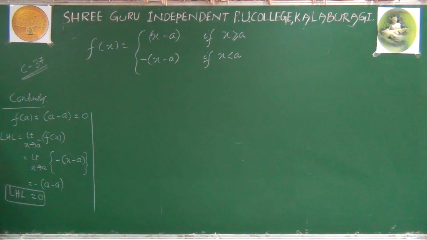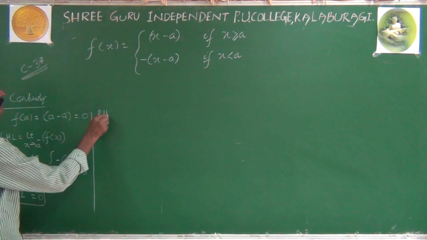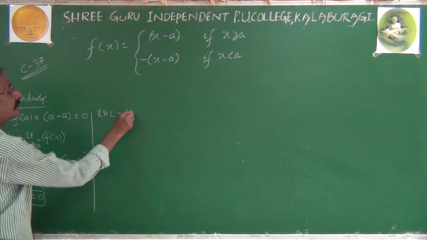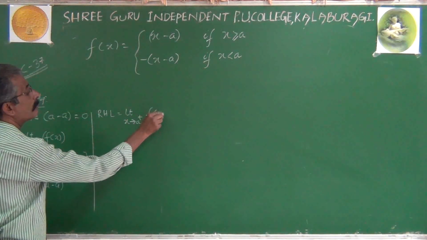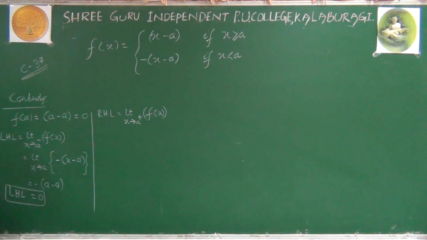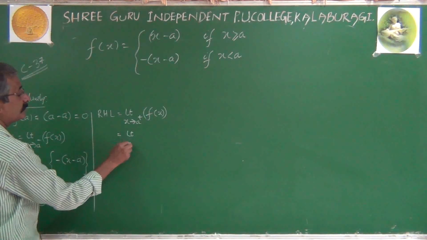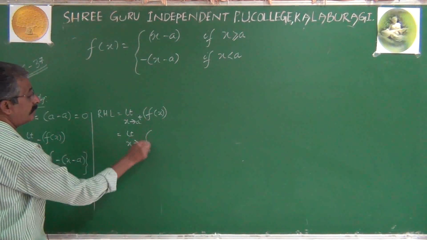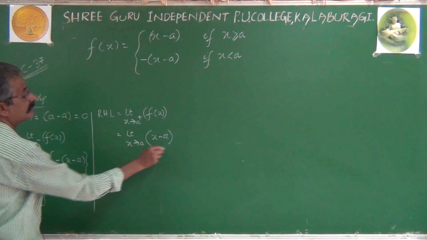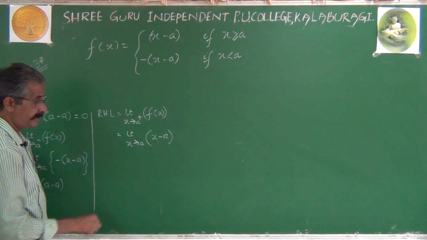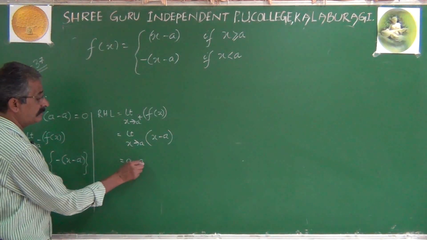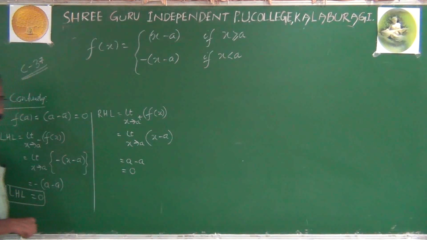We also find now the right hand limit. Right hand limit equals limit x tending to a plus of f of x. A plus means more than a. So limit x tending to a, when x is more than a, function is x minus a. Replace x by a, a minus a, that is 0. What we can note down?